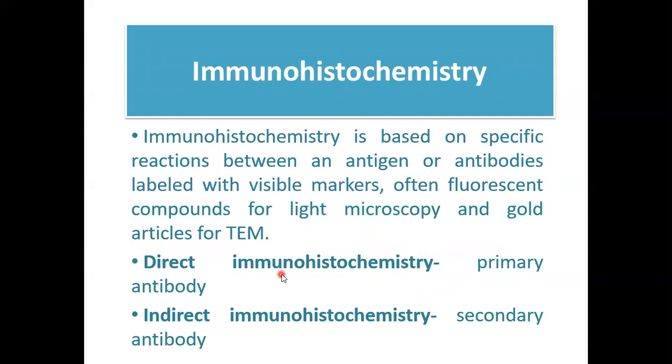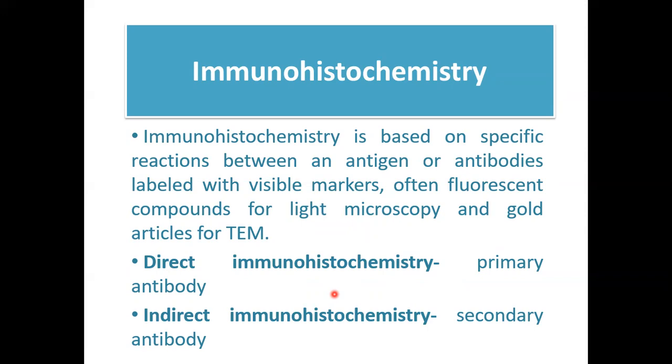In immunohistochemistry, please don't forget the difference between direct and indirect immunohistochemistry. In direct immunohistochemistry, we're using the primary antibody only. It's the primary antibody that is labeled, while in indirect immunohistochemistry, it's the secondary antibody. In direct, the antigen is detected by using a labeled primary antibody directed against the antigen of interest.